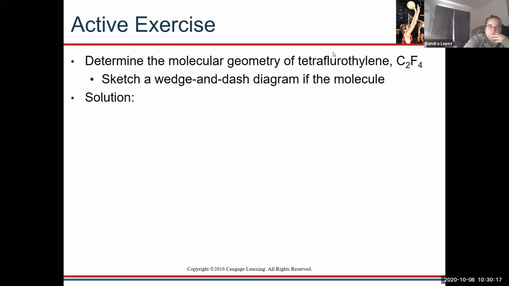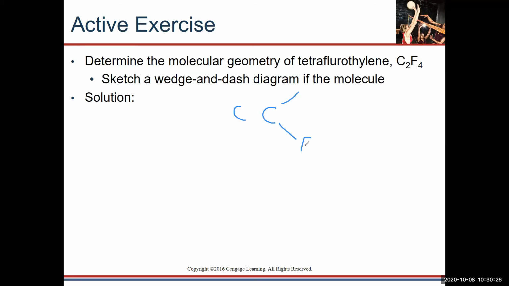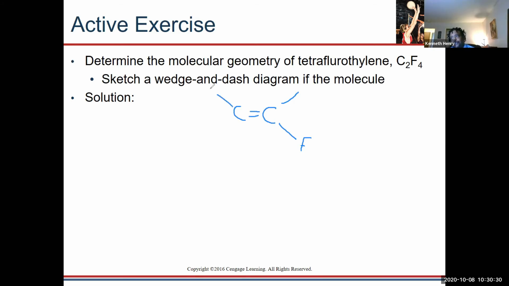The two C's in the middle and then the F's on the outside. And there's two bonds between the C's, so a double bond. We want to call it a double bond because a double bond is different than two bonds. Like the F and that C, those are two bonds. A double bond means that they're sharing. Okay, so like this.